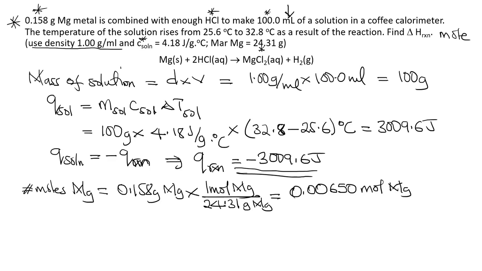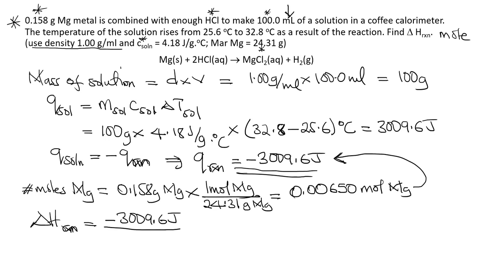So we have these moles of magnesium. What it means is that 0.00650 mole of magnesium produces this amount of energy. So how much energy will 1 mole of magnesium produce? For that, delta H reaction is equal to negative 3009.6 joules divided by the moles of magnesium that you have calculated, 0.00650 mole.